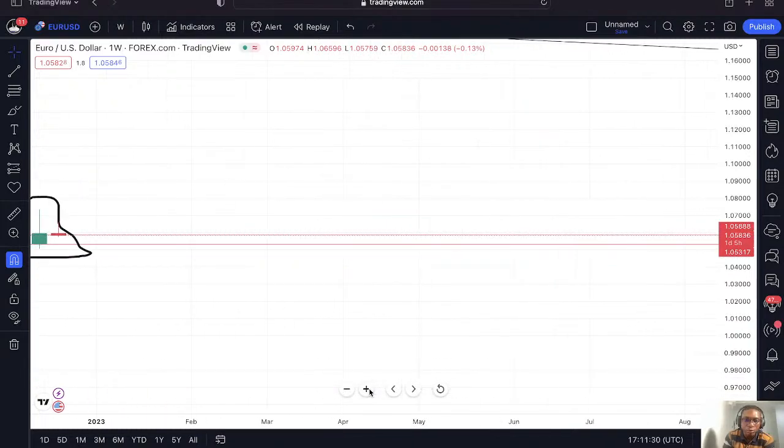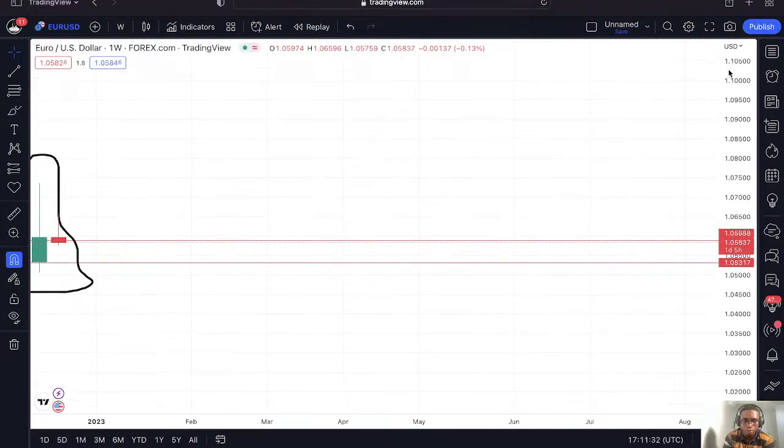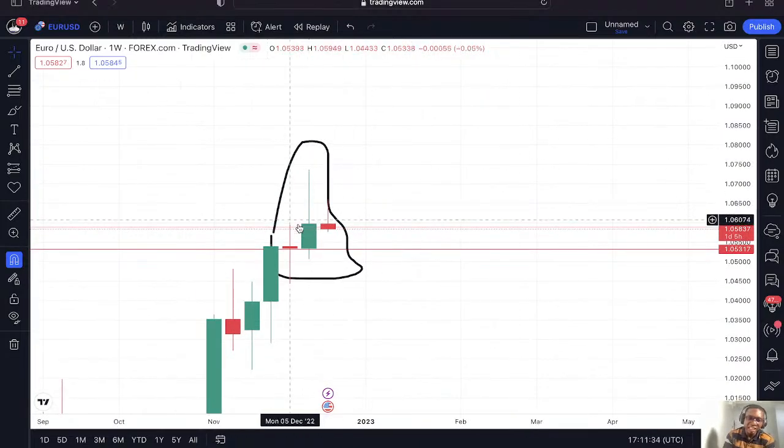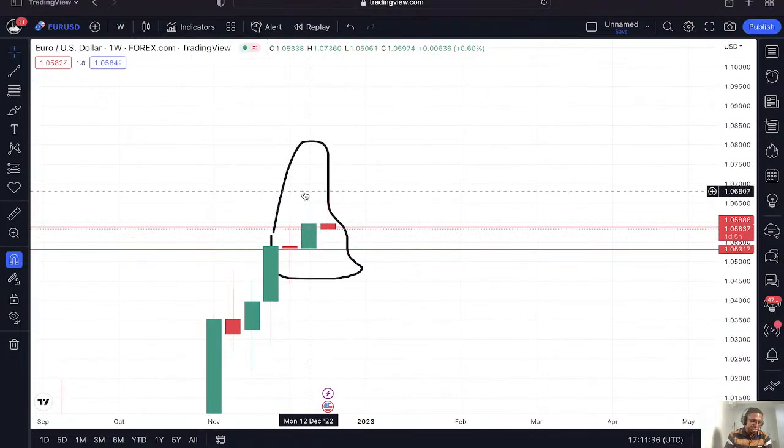Who can tell me the name of this candlestick in the comment section? Tell me the name of this candlestick and what it means.